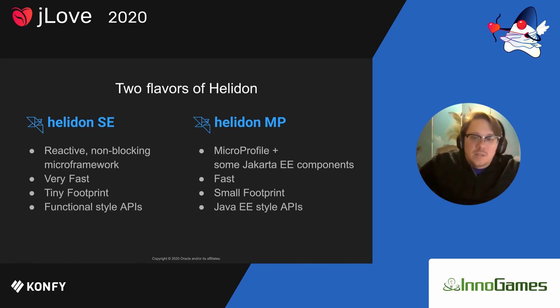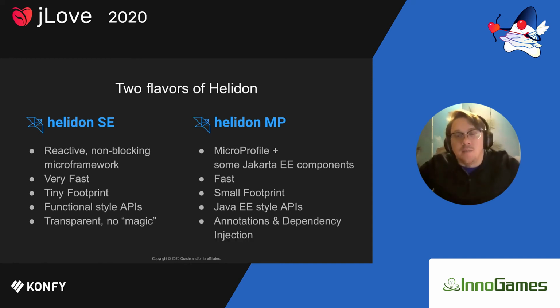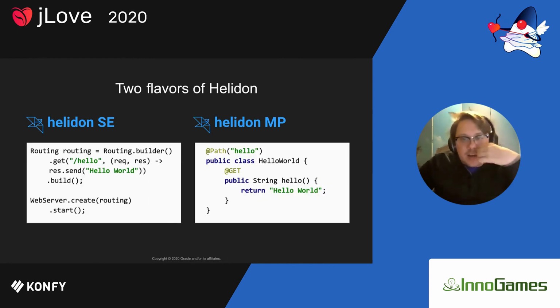If Helidon MP is a Java EE style API, so you get annotations that you need to include in your code, then Helidon SE is pure Java with a functional style API. No magic, pure speed, pure Java, very fast and very debuggable. So if you look at the MP code on your right, with Path, Get, annotations, in SE it's only Java, and it utilizes all the APIs which are functional and very, very intuitive.